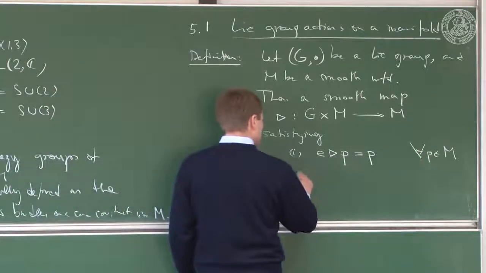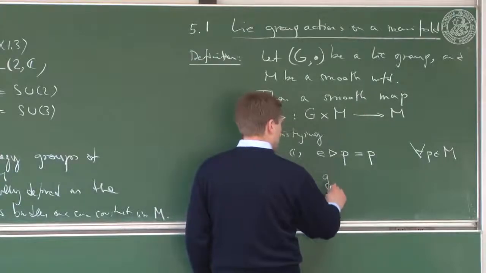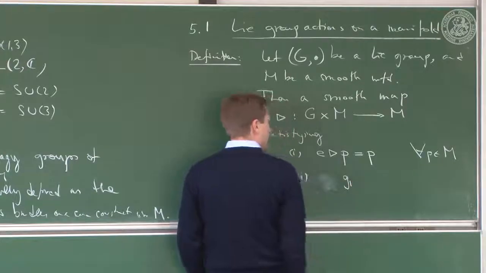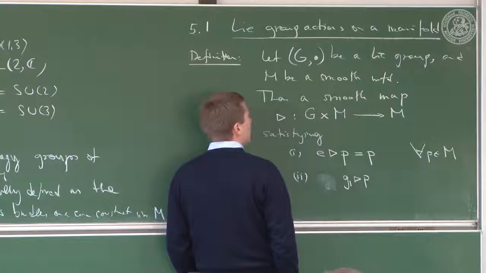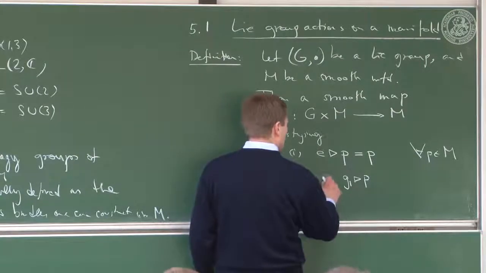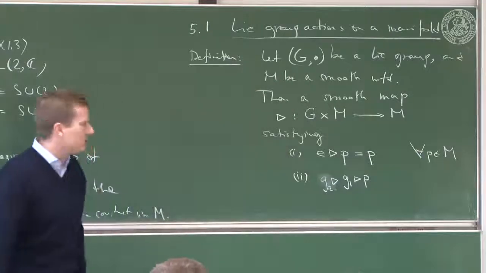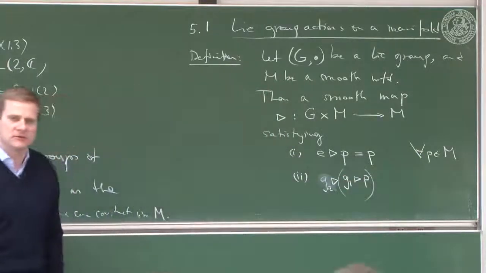And the second property is that if you act with some group element G1 on P, then you get back an element of the manifold, and then you can act again with an element G2 on the result. You may feel more comfortable having the brackets, but you don't need them if you read.